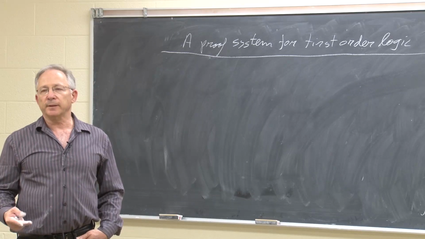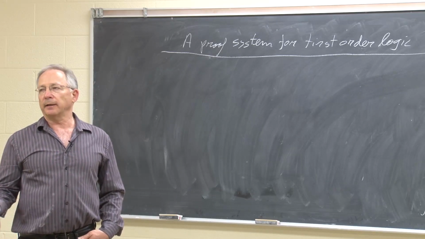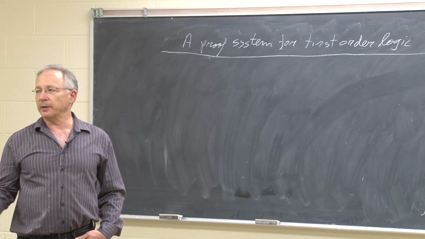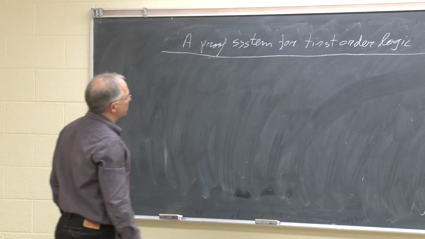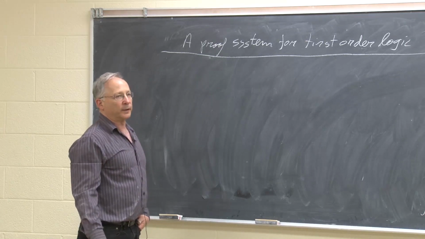We'll have axioms, and we have a deduction rule, and the deduction rule will be the same modus ponens that we've seen in propositional logic. But the axioms will be a little bit more complex.